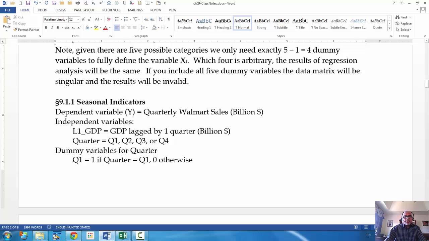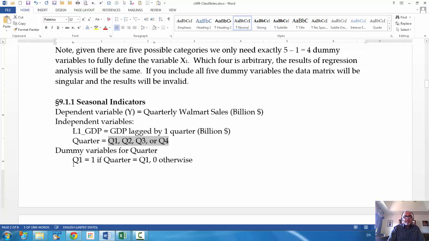Suppose we have quarterly Walmart sales, and we have independent variables: GDP lagged by 1 quarter, and then which quarter it belongs to, and there are 4 possible values. So we take this quarter observation out and put in its place, remember there are 4 possible values here, so we need 3 dummy variables.